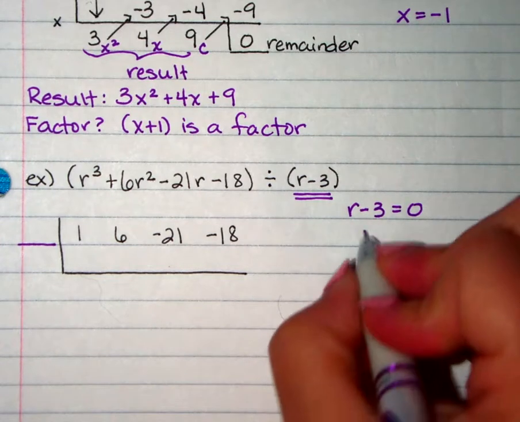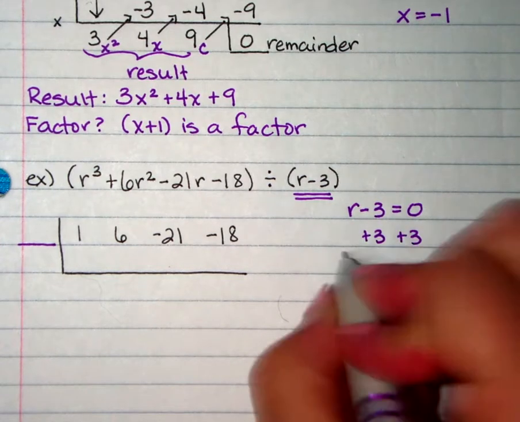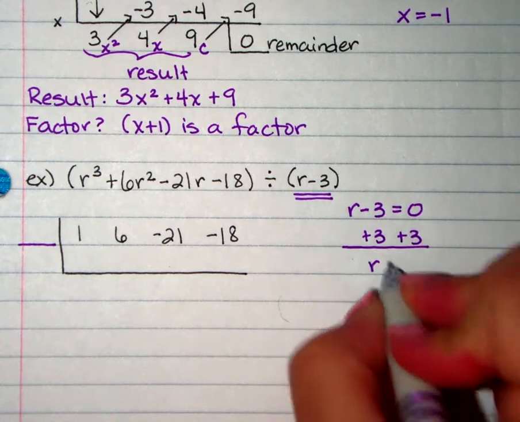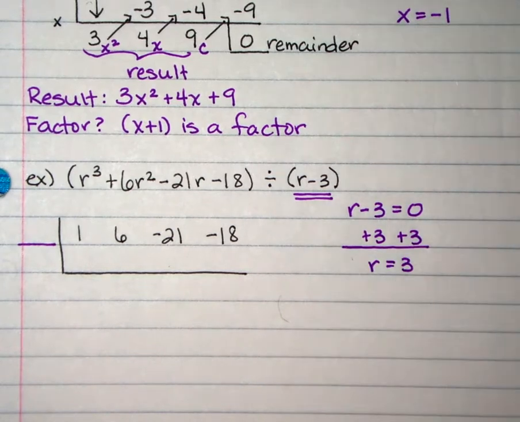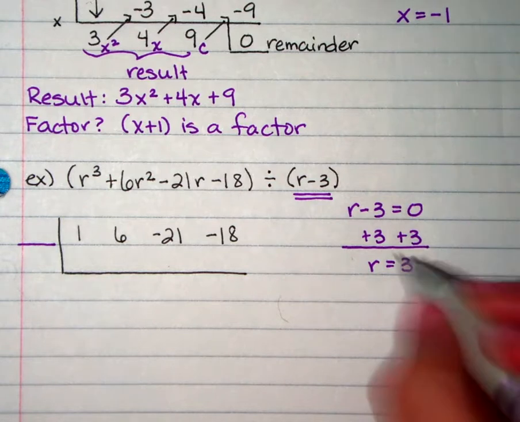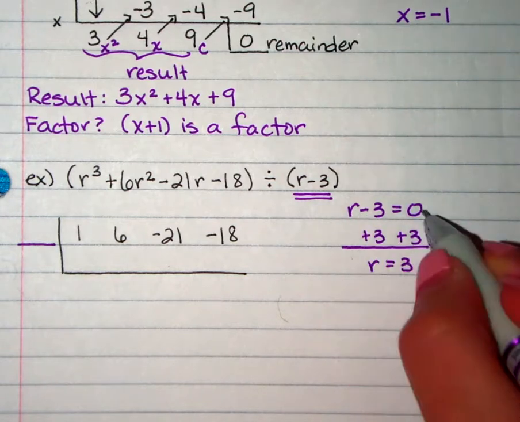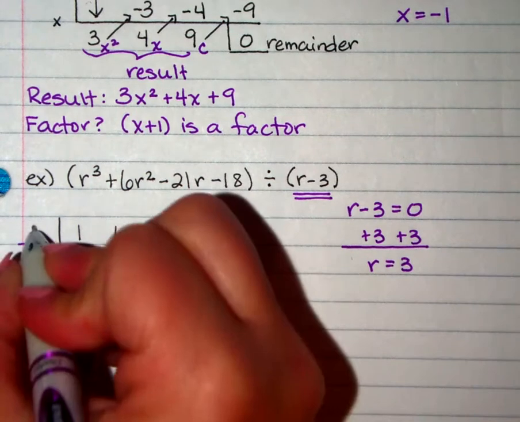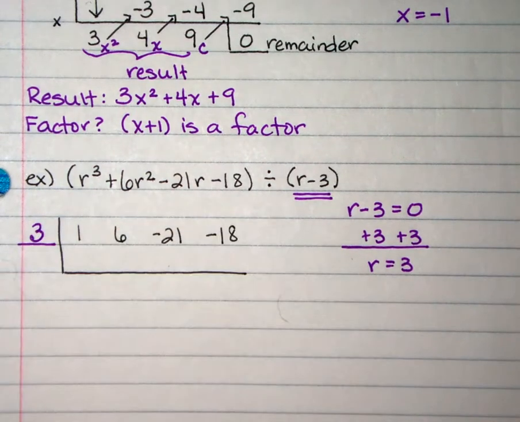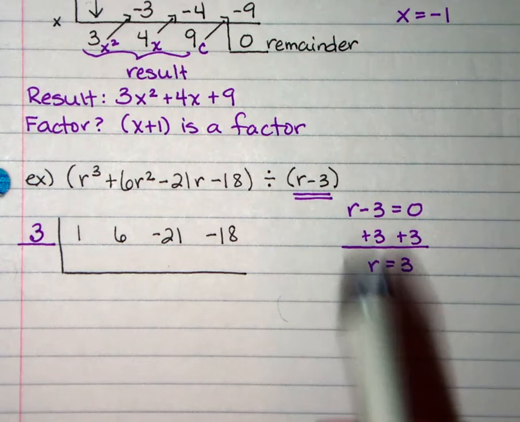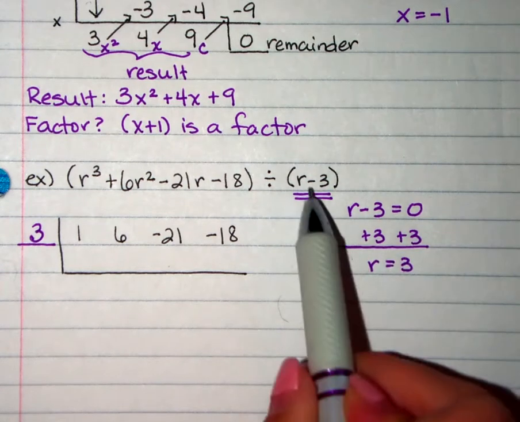So when I take r minus 3 and create a 0, the value on the outside I'll be working with is a positive 3. What you want to start recognizing is that it's the opposite of what I see here. So r minus 3 is a positive 3, just like the previous x plus 1 used a minus 1.